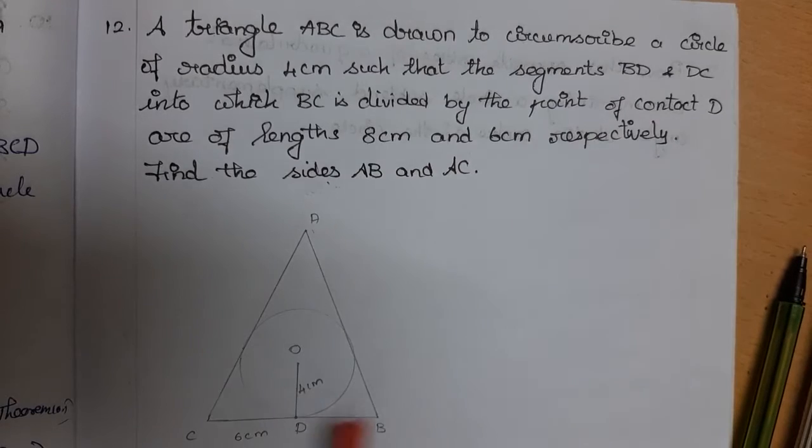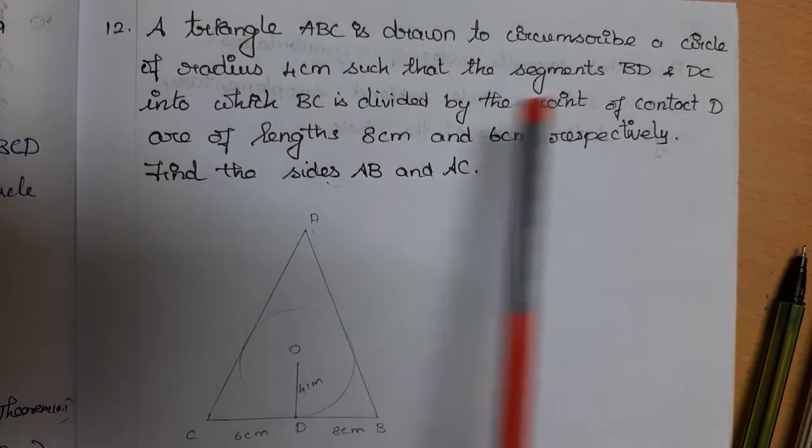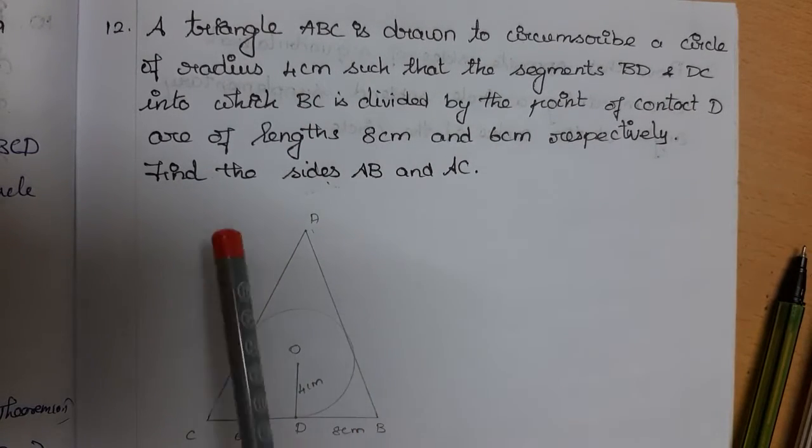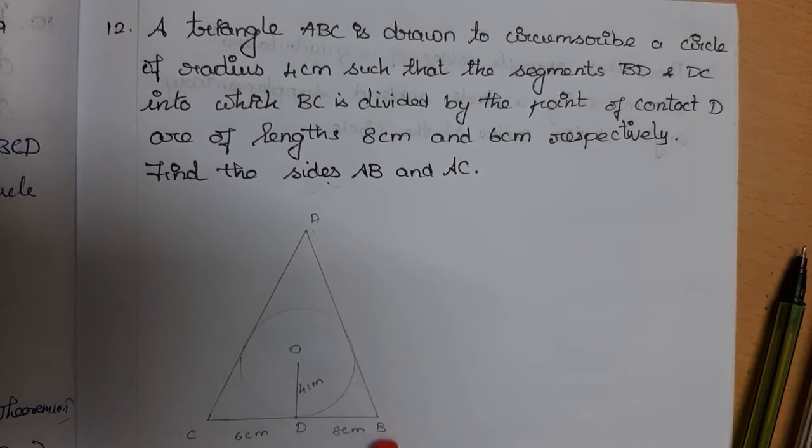So BD is 8 centimeters and DC is 6 centimeters. Find the sides AB and AC. These two sides we have to find.